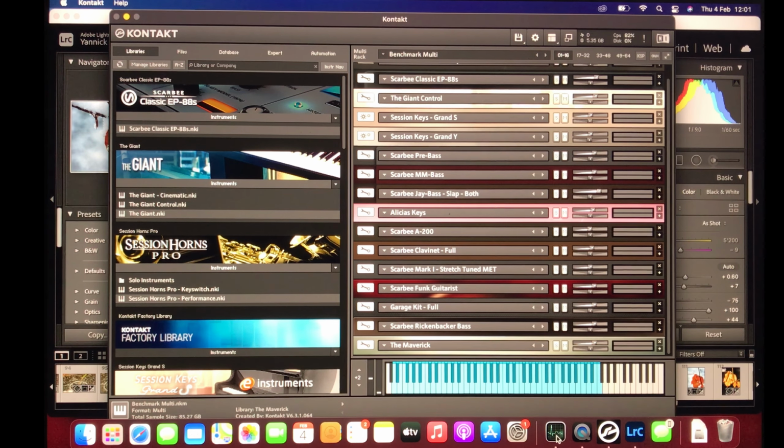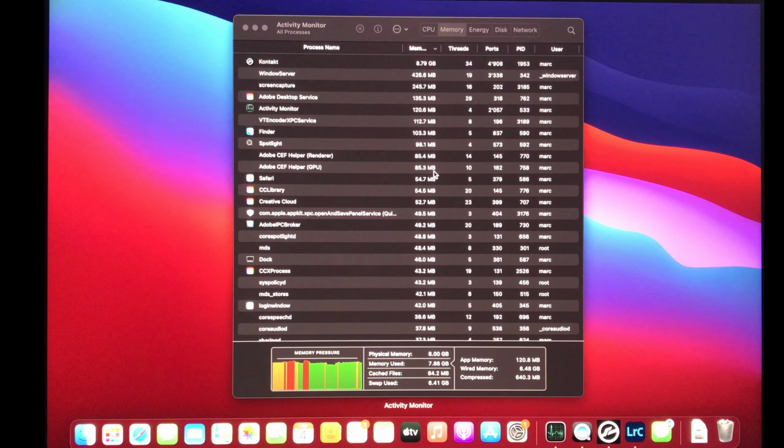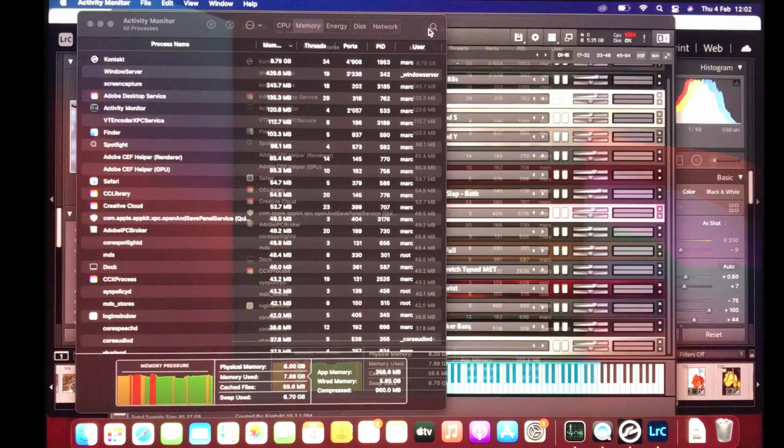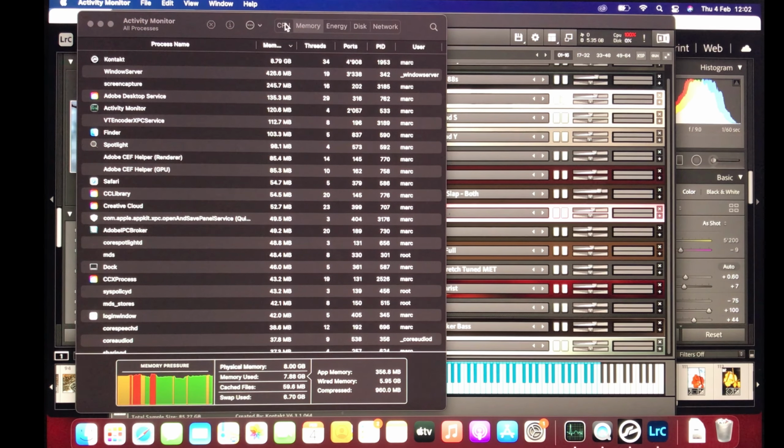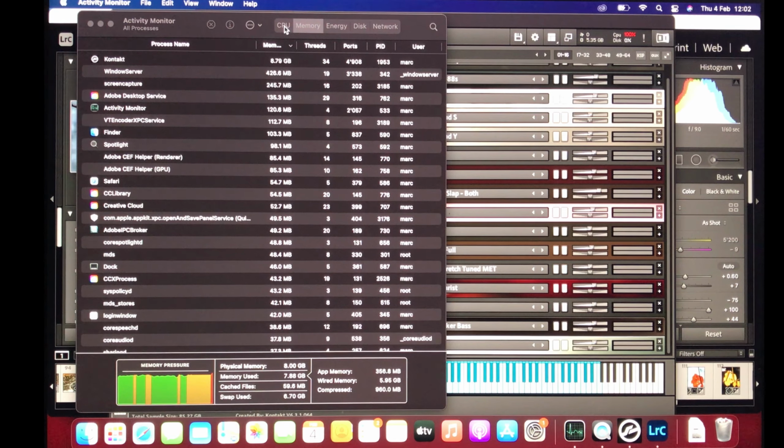And actually, when we look at it, it's not the CPU. So let's see at the memory. We see that we are really stressed in the memory, but let's see if we can change to the CPU. It doesn't react at all. So I mean, you see now that the system is completely stalled. No reaction at all.